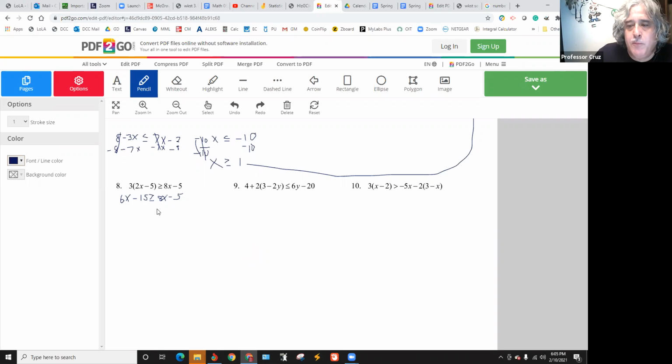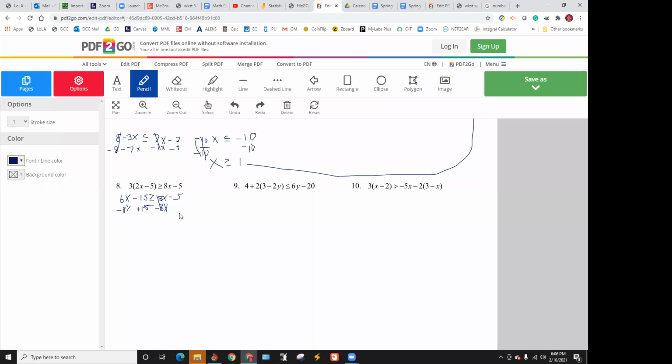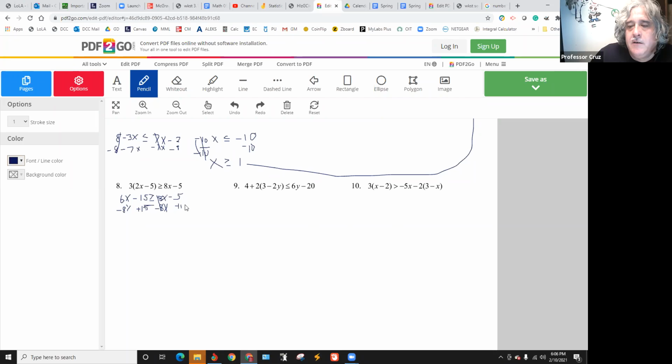So if we do proceed putting it on the left, that's going to make a -2x. And then this is going to be plus 15. So this is -2x. So these are gone. And that's 10, right? Positive 10, negative 5 plus 15.